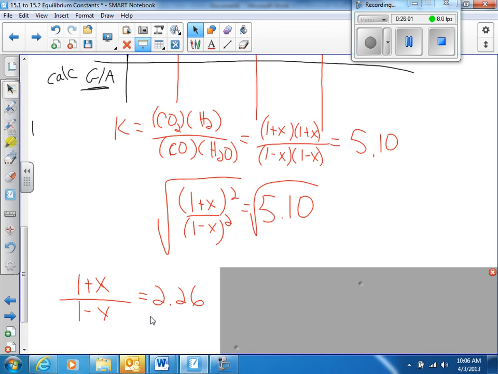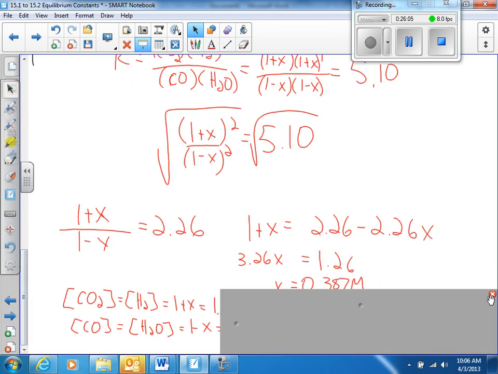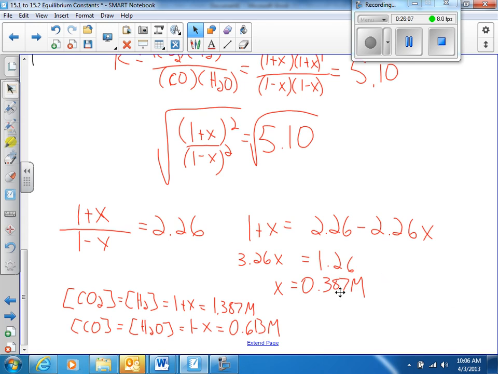And now that's easy. This is just algebra. And we get our answers right here. We solve for x, and the CO2 and the H2 concentrations are 1 plus x. The CO and H2O are the 1 minus x right there. And that's it.